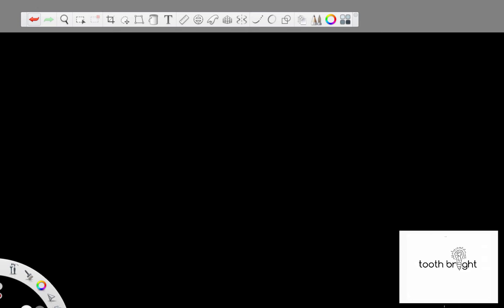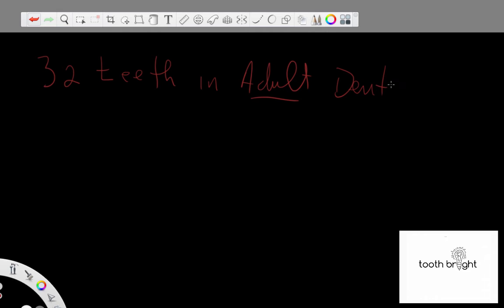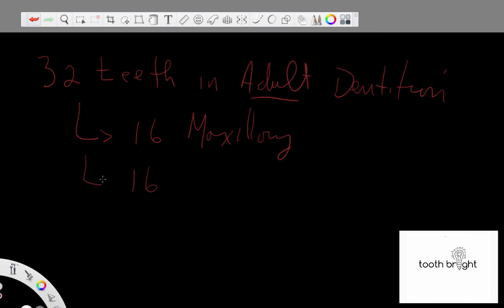As a reminder, the adult dentition consists of 32 teeth: 16 maxillary and 16 mandibular.